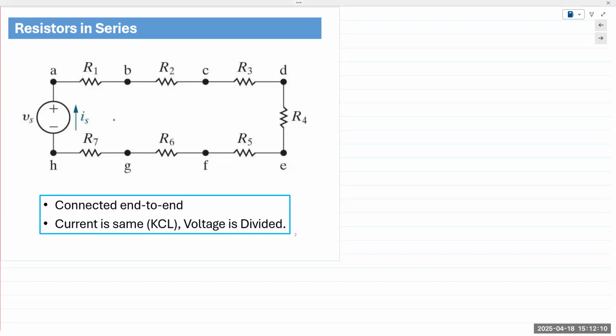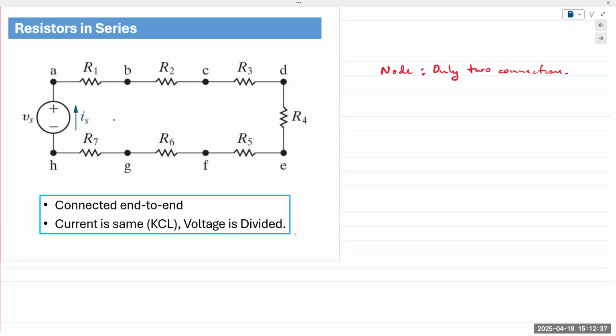So resistors in series, as we stated earlier, are connected end to end, meaning they'll have a node, a junction, and at every single node, you'll have only two connections. That is the criteria. They are connected end to end. There's a node between two components, and that node should not have more than two connections.